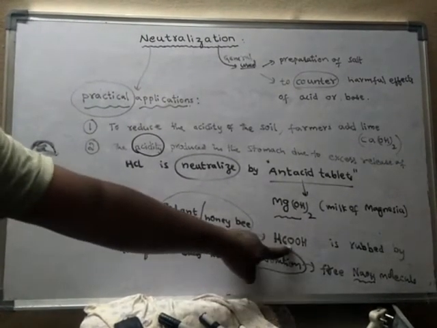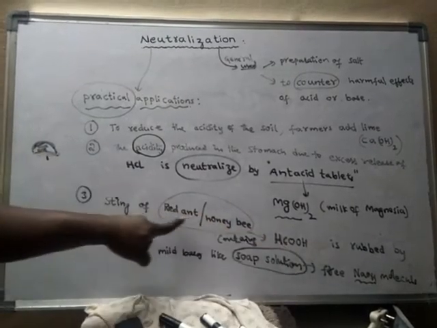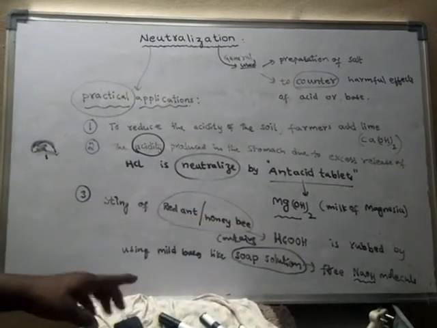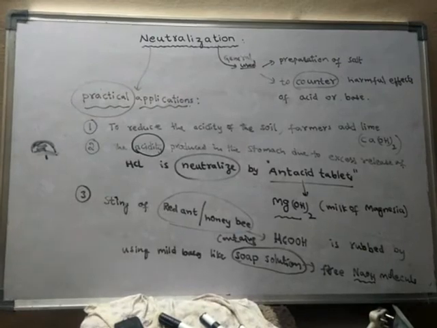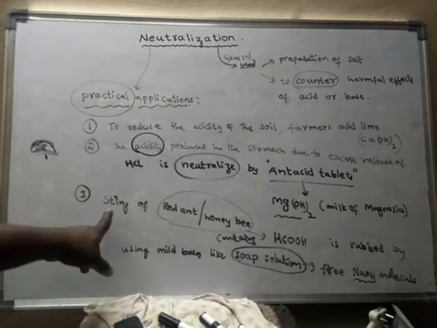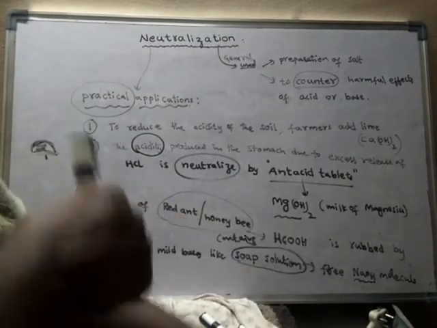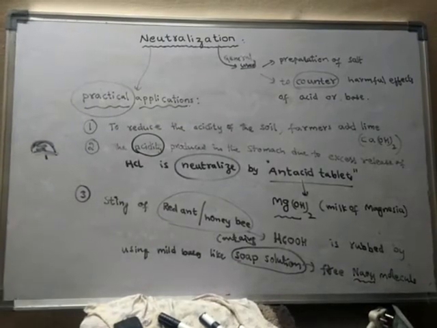And this is an acid, released by the red ants or honeybees. When they sting our skin and inject this acid into our skin, that area feels very painful and swells.